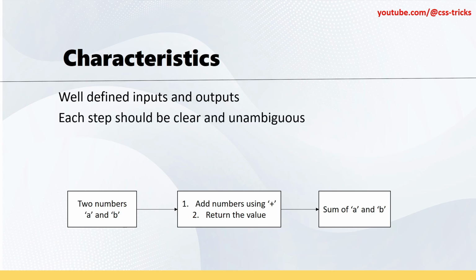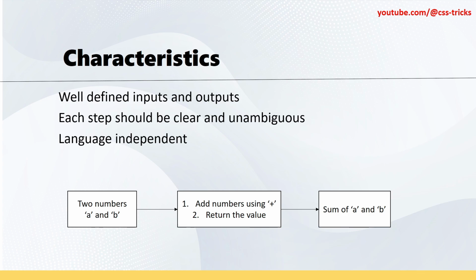Each step in the algorithm should be clear and unambiguous. In our example, we have two steps: add the numbers using the plus operator and return the sum. Finally, an algorithm should be language independent. It should be written in such a way that it can be used with different programming languages.